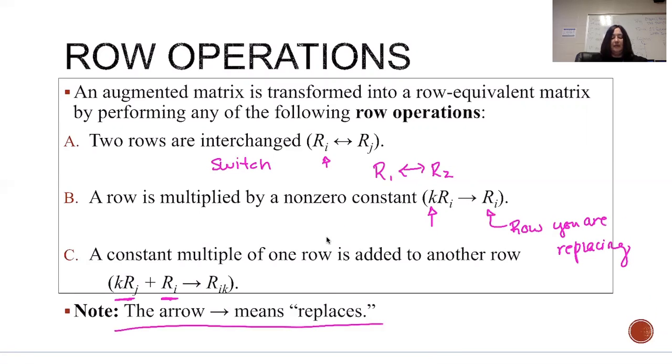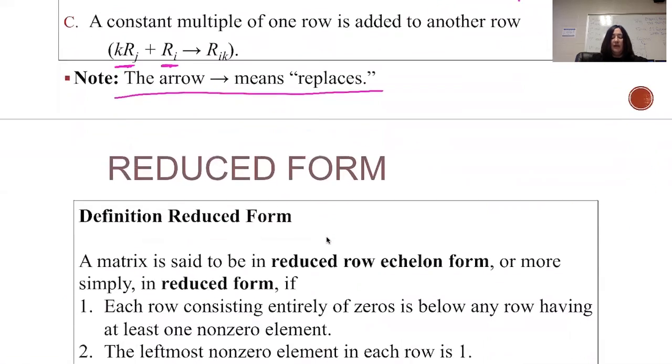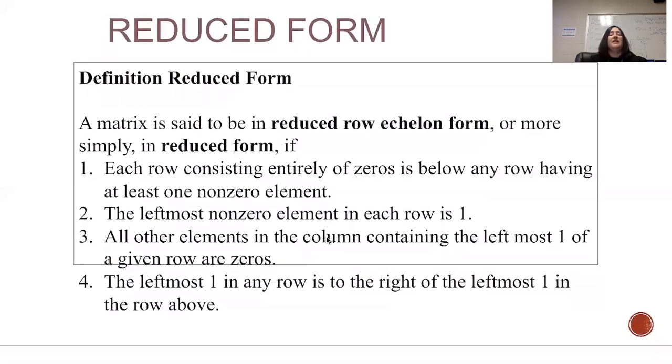Now, another thing that we have to be able to do is recognize if it's in reduced form. This is also called row reduced echelon form. It says each row consisting entirely of zeros is below any row having at least one non-zero element. So if you have a row of zeros, it has to be at the bottom. The next thing it says is the leftmost non-zero element in the row has to be a 1.